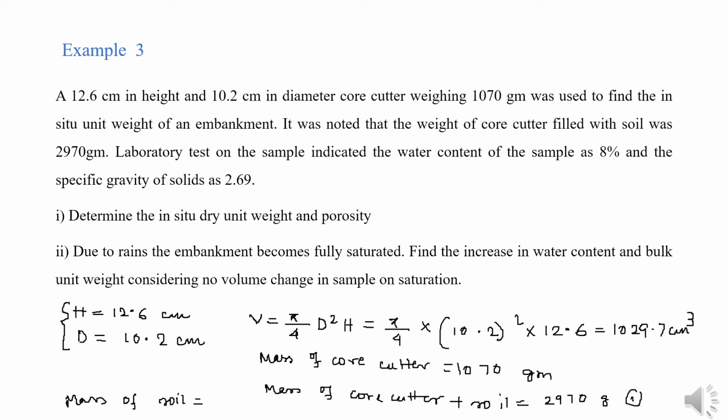Suppose this is 1 and this is 2, so simply 1 minus 2, right? If we subtract this, we get 1900 gram, right? So we have got the mass of the sample as 1900 gram.